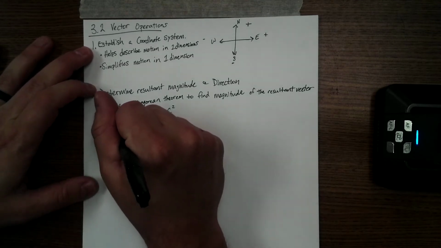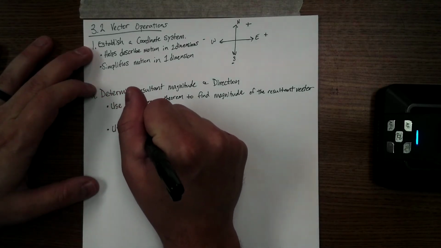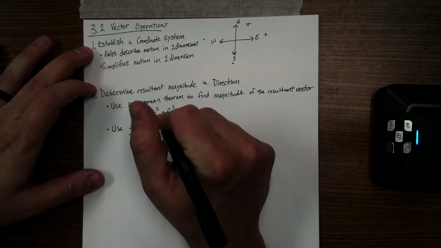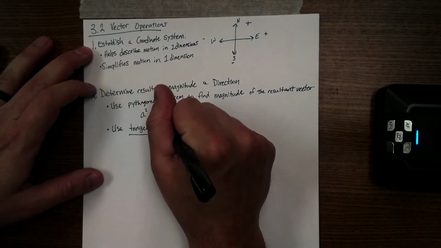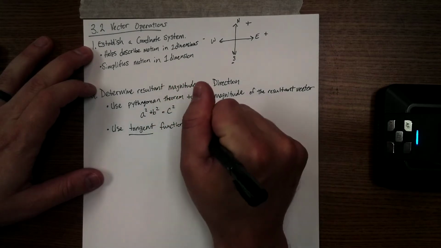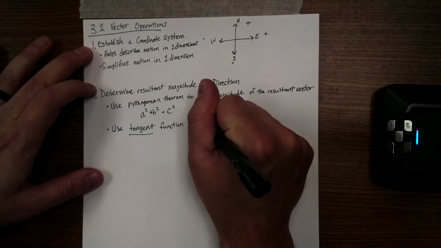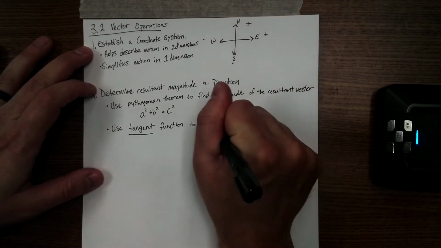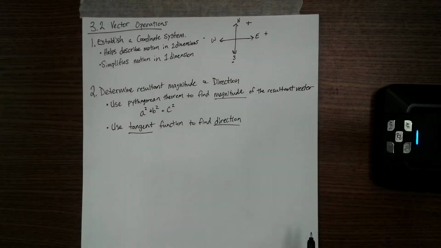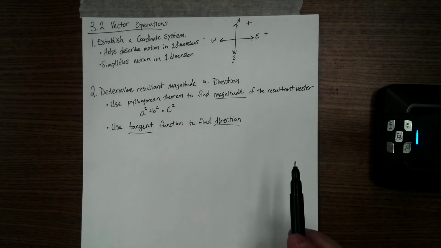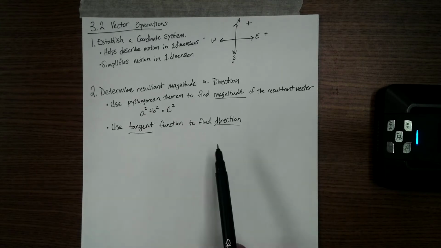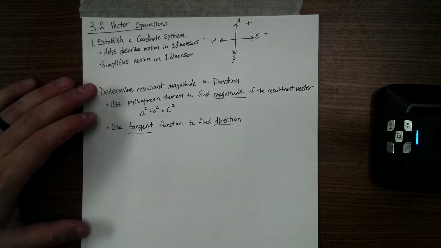We're going to use the tangent function to find the direction. Okay, so using the Pythagorean theorem, a squared, b squared, and c squared, we can find how long the vector is to make it to the end. Using tangent, we can actually figure out which direction.